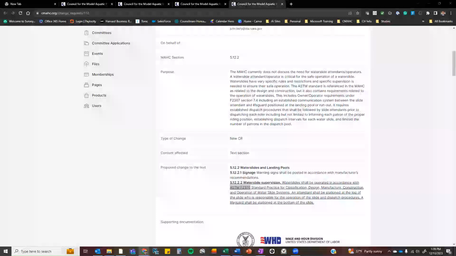I don't know of any manufacturer currently of commercial water slides that I think we're talking about here, where you'd have a landing space for the entry on a typical water slide tower, that does not require an attendant, at least one attendant.